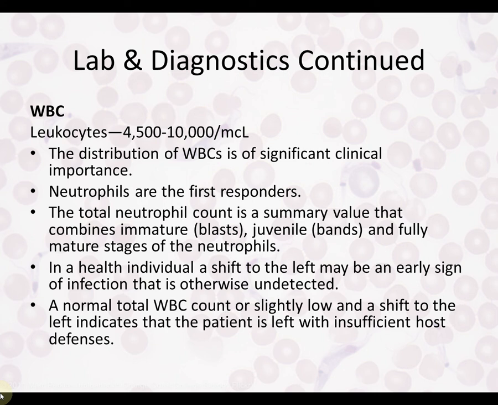If the total white blood cell count remains within normal limits or even slightly below normal and a shift to the left occurs, the patient may be left with insufficient host defenses. This can occur with bone marrow disease, immune system insufficiencies, or immunosuppressive therapies like your chemotherapies.